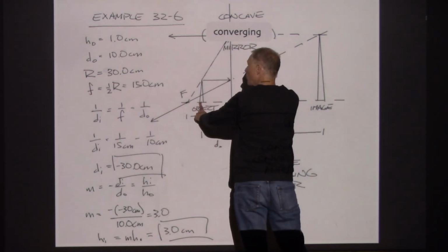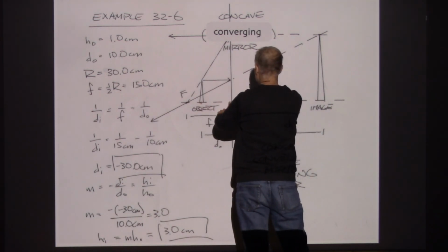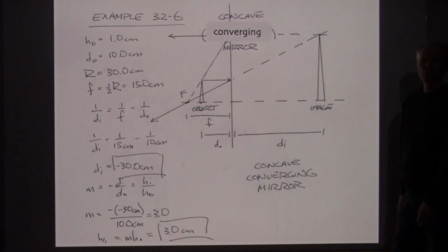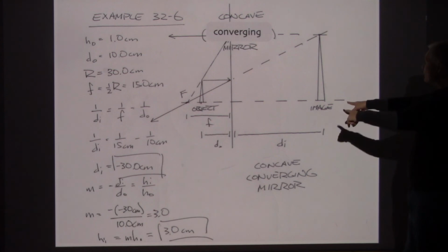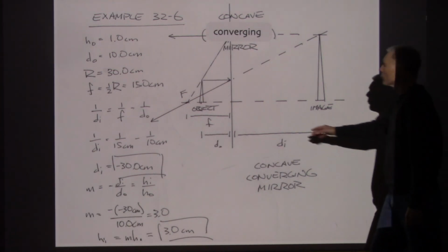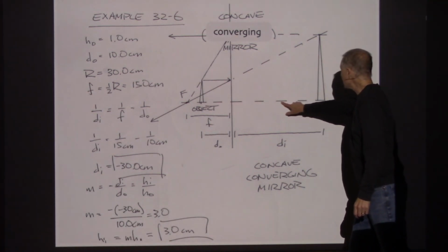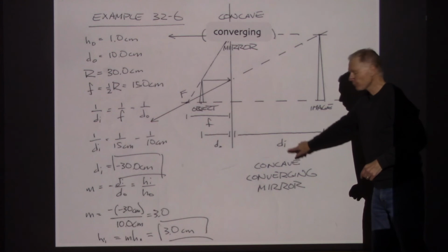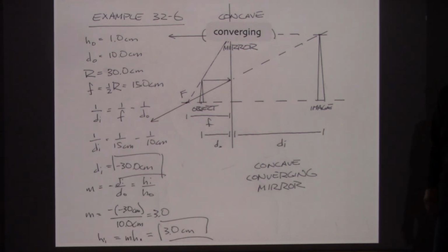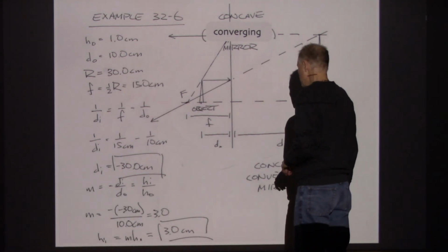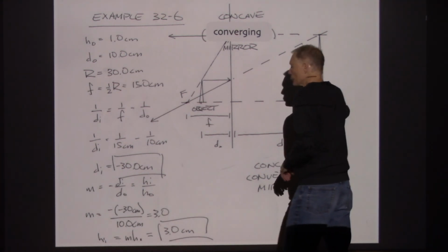This was positive 10, so 10, 20, 30, yeah, it really does look like about 30. In fact, if I do the drawing carefully like I have, I can take my ruler out and get a pretty good estimate by setting my ruler there and using the drawing itself to get an idea of what DI is equal to. All right, so that seems good.